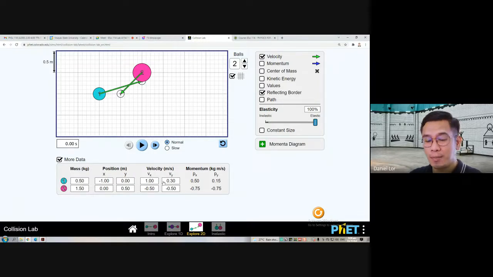So for example, kaning mass 1, kaning green nga ball, ang inyong gamiton nga velocity sa iyang kapag solve sa kinetic energy would be 1 squared plus 0.3 squared, then kuhaon ninyo ang square root. So that is the square root of 0.3 squared plus 1 squared.